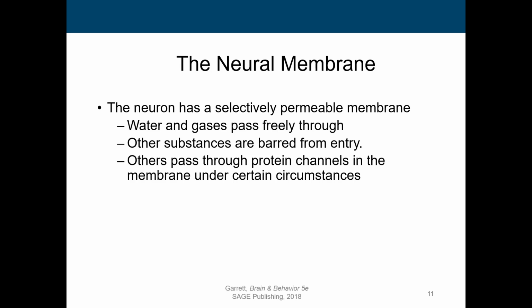Some molecules, such as water and gas, can pass freely through. Other substances are barred from entry and cannot cross the membrane. And still others can have limited passage through what we call protein channels.